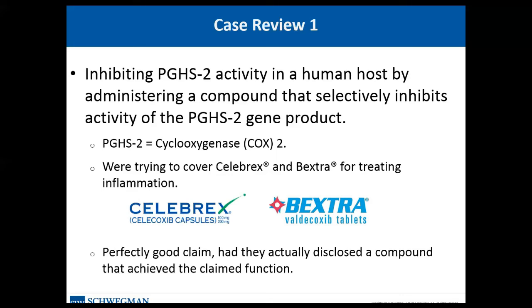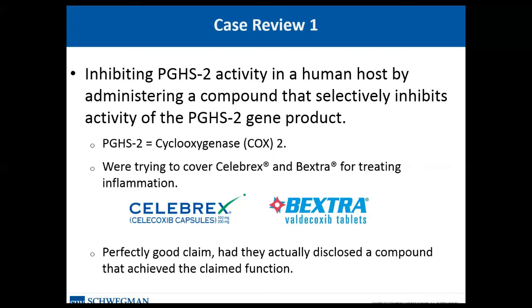So they were trying to inhibit COX2 in the human. I'm sure that some people are very familiar with some drugs out there that actually do that. Celebrex and Bextra are two examples of that. And what Rochester was trying to do is just basically claim any compound out there that would inhibit COX2.